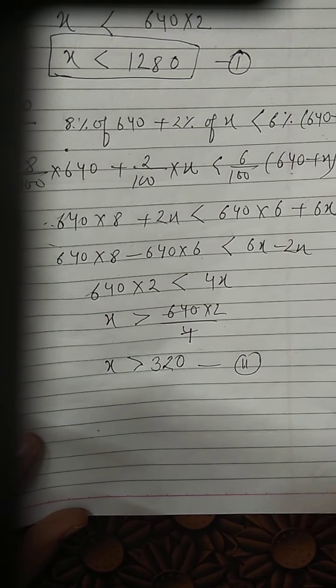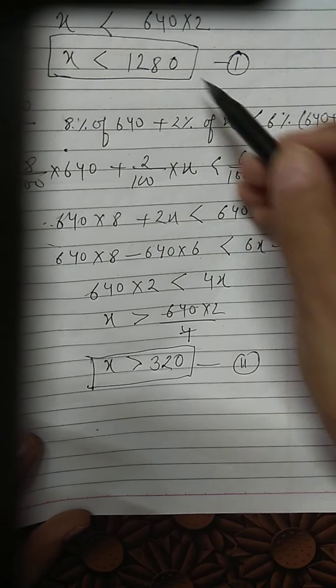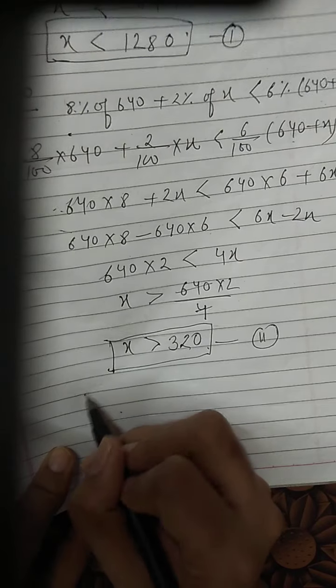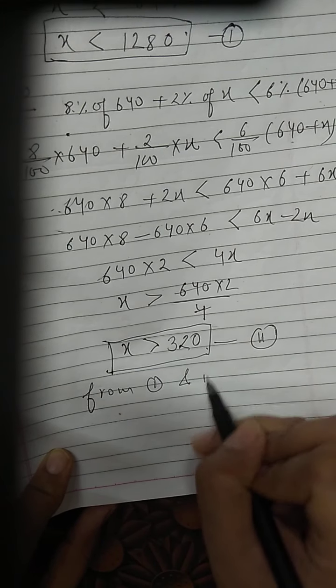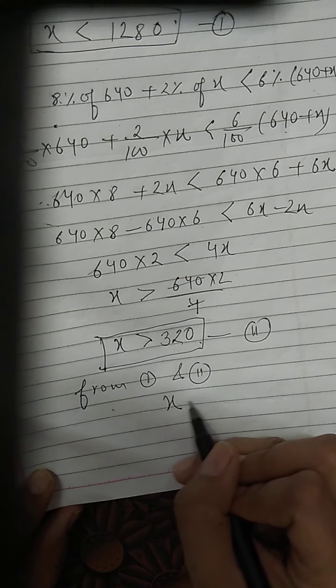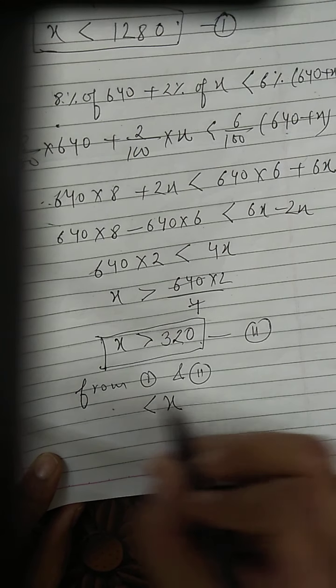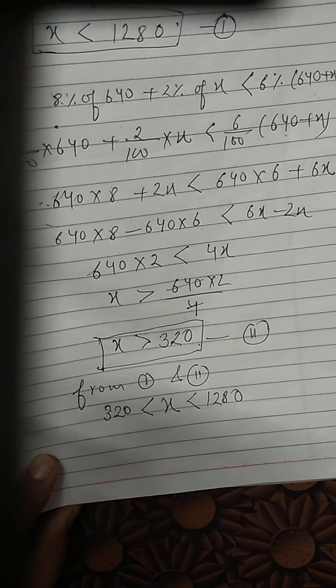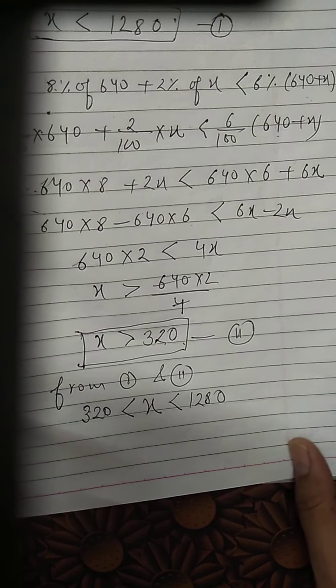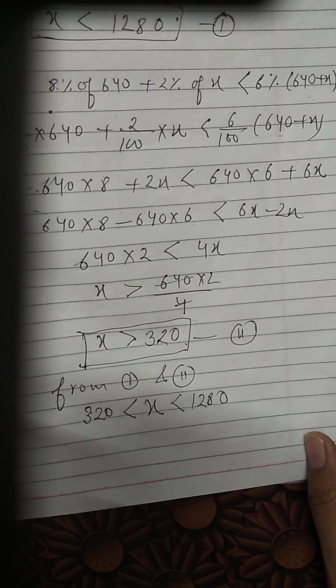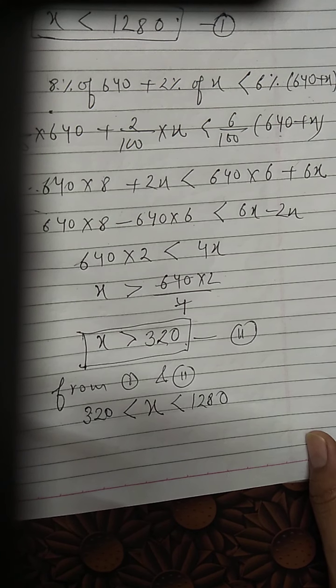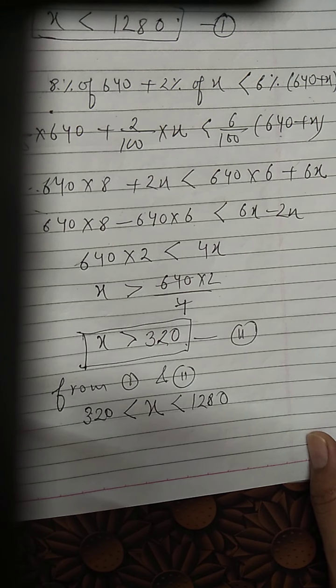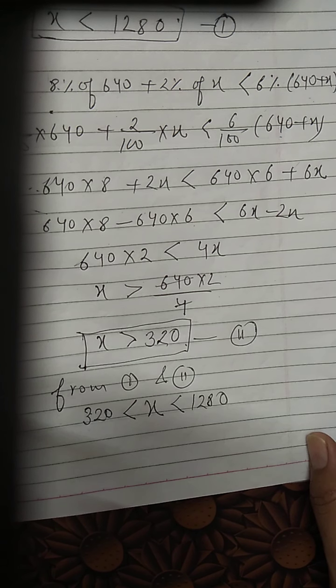So from the first solution and second solution, if I combine, we will write down, from 1 and 2 we have x greater than 320 but less than 1280. So the number of liters of 2% boric acid solution that must be added should be greater than 320 liters but less than 1280 liters.